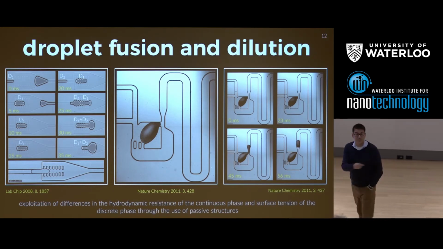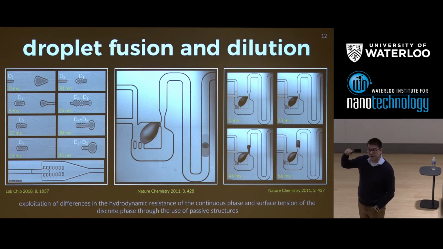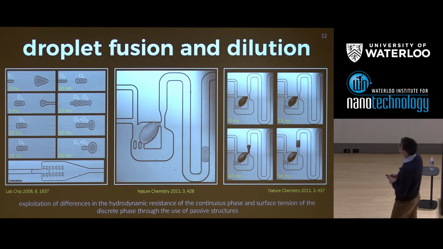So the lovely thing about using a structure like this is that within, again, very, very short time periods, we can access enormous variations in concentration. So we can access about 4 orders of magnitude by going through about 20 of these merging operations. So this allows us to think about using the droplets in high throughput to do high throughput assays.